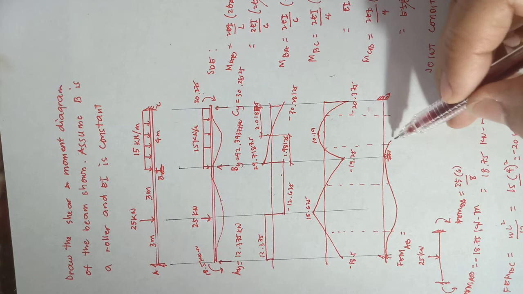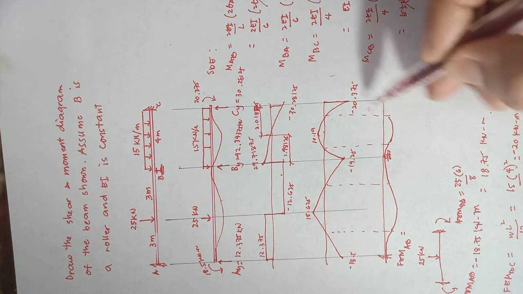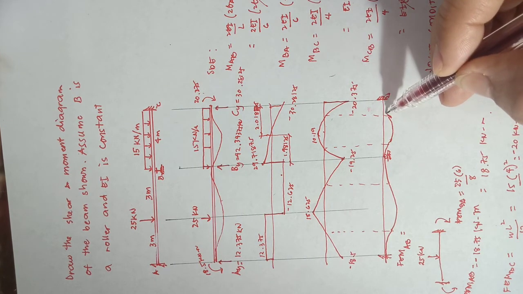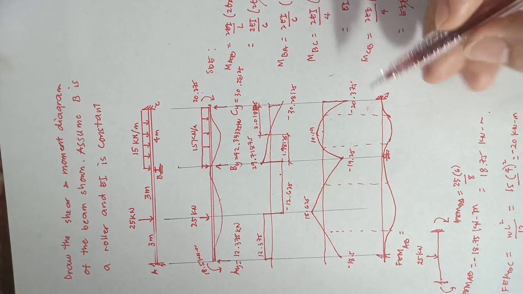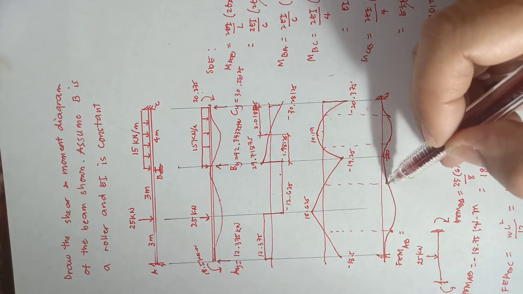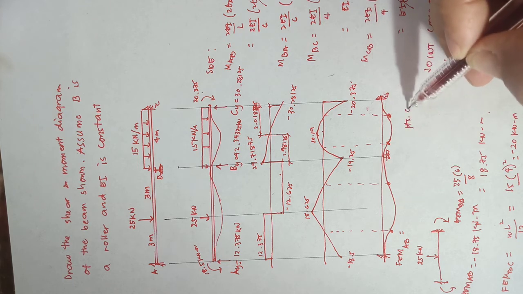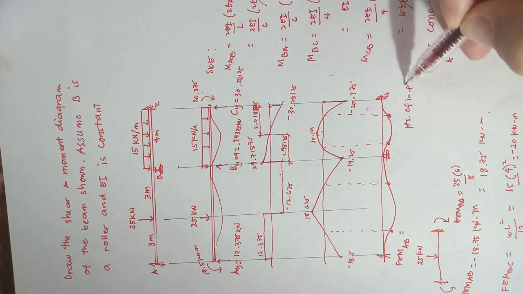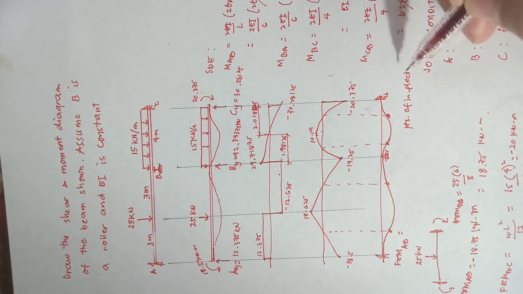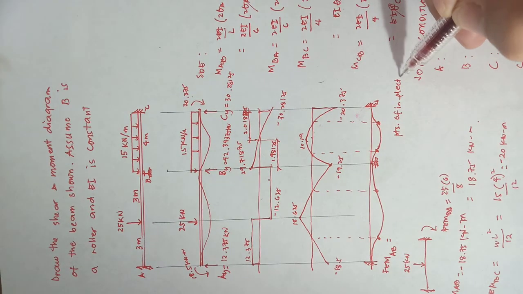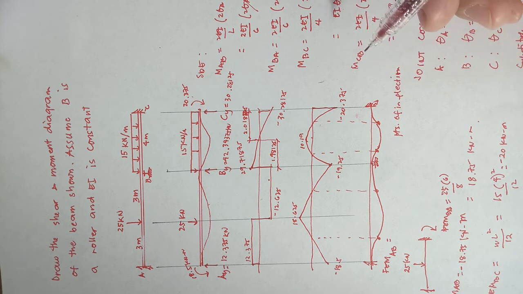And then positive moment, concave up. And then negative moment, concave down. Nga 0 paingon sa support. Okay. So this 0 moment is what we call our points of inflection. Okay. So at that point, 0 ang moment, so it is not a critical section.